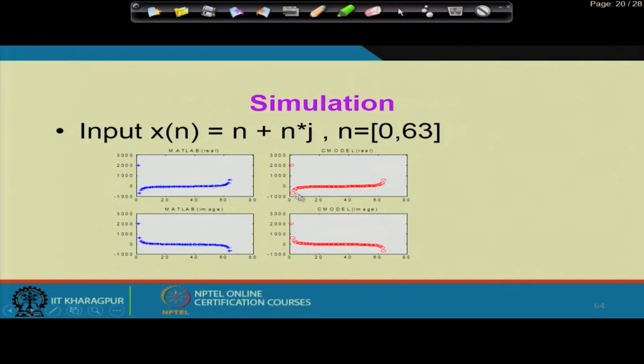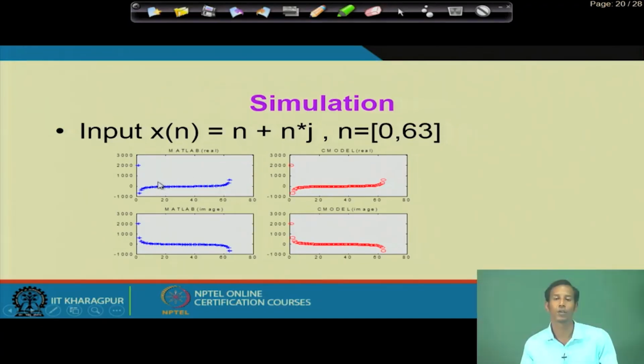Okay. So, these are the simulation results. You can write the code in MATLAB, and you can also do the hardware implementation and compare them.